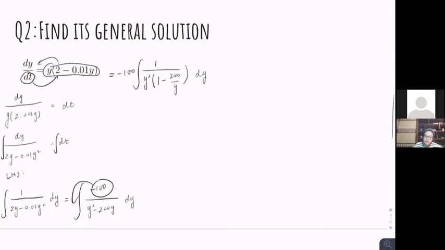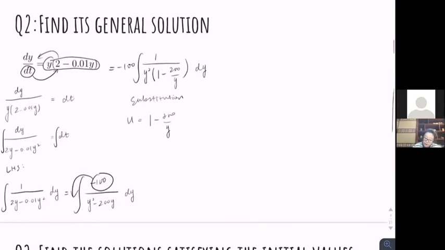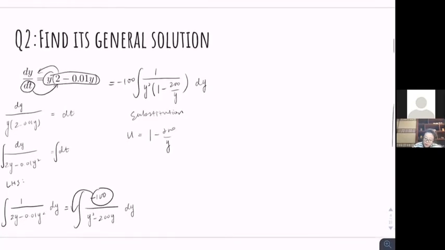We cannot see the solution from here, so I'll just take a substitution. I'll let u equal 1 minus 200 over y. Then we know that the integral of negative 1 over y is 1 over y squared.